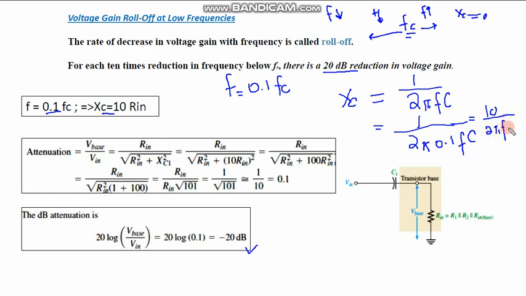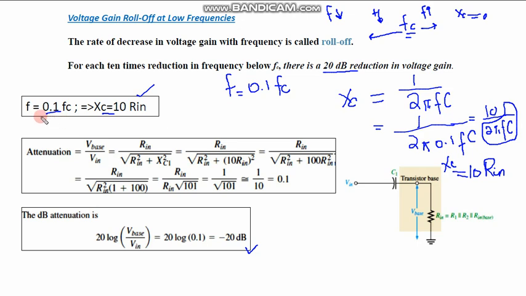Fc C. Now this part is equal to Rin, remember, this was Rin for the critical frequency. That's why I can write Xc is equal to 10 Rin.